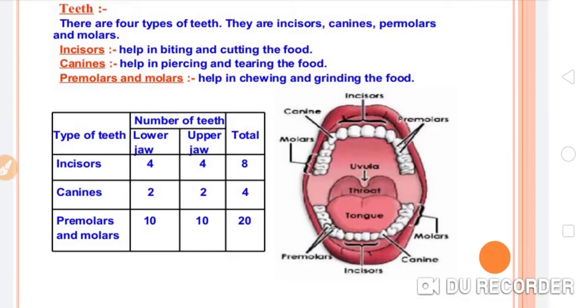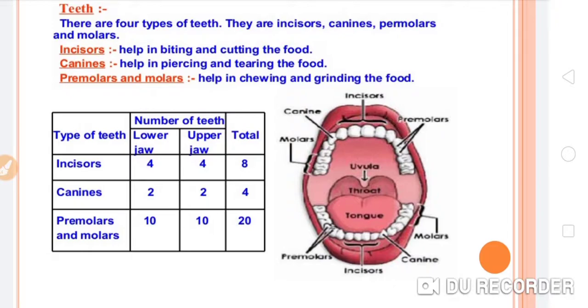Here you can see there are the different kinds of teeth and what is the position of these teeth inside our mouth. And in the table I have mentioned what is the number of the different kinds of teeth inside our mouth and what is the position of them.